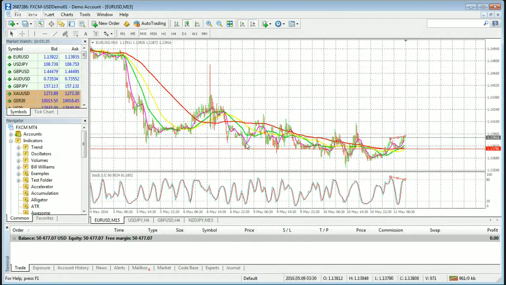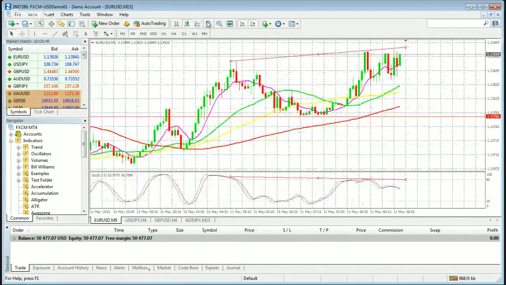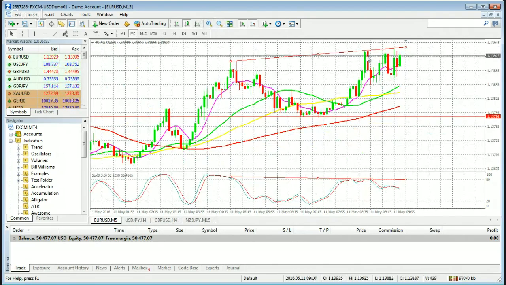Okay, so it's been coming down, hitting the level, going below, coming up, bouncing off, going a little bit higher, giving the signal to want to go down now. So we'll just keep an eye on this and see what we can do.